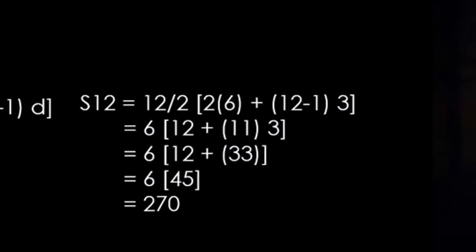So 12 divided by 2 is 6, and 2 times 6 is 12, and 12 minus 1 is 11, multiplied by the common difference, that will be 33. So we get 6 times 12 plus 33. 12 plus 33 is 45, and 45 times 6 is 270.